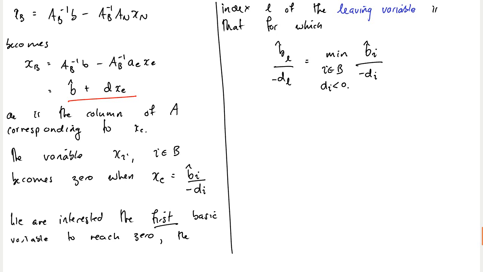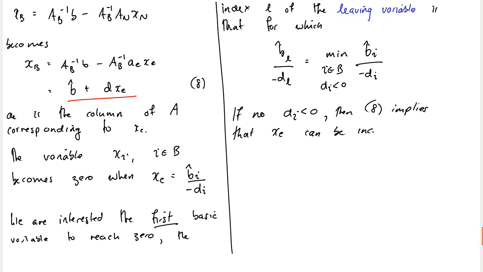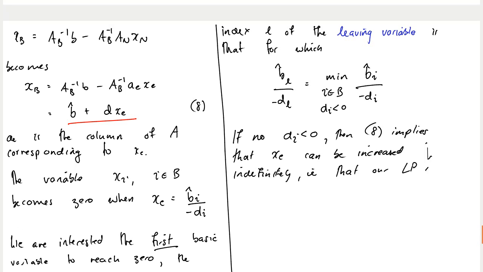So we add this extra restriction in. We're only looking at the d's for which di is less than 0. If no di is less than 0, which I should give a name, call it star, then that implies that xe can be increased indefinitely, i.e. that our LP is unbounded.